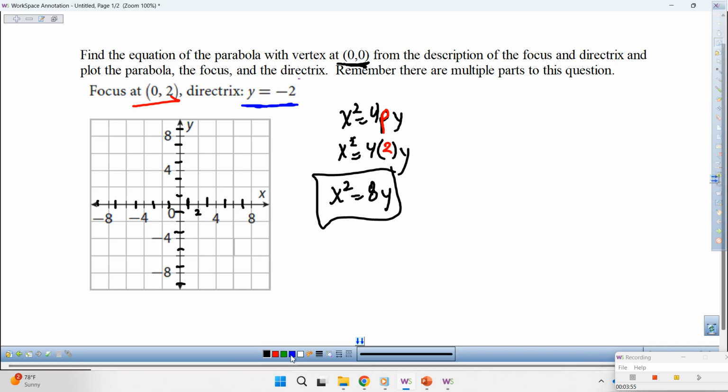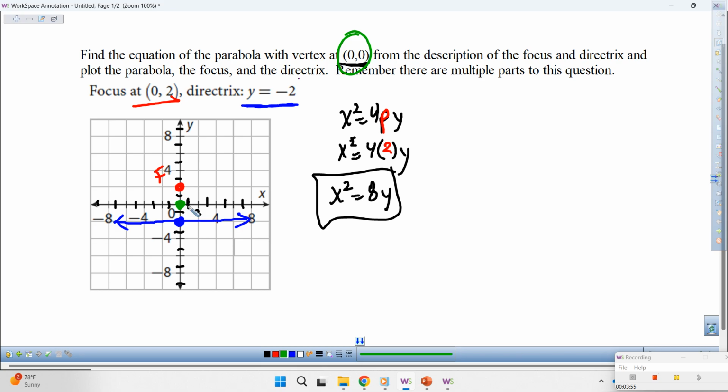All right, let's graph this. (0, 2). (0, 2) is right here. That's my focus. My directrix is at y equals negative 2. 1, 2. And then it's going through what? Point of origin, which is (0, 0). So here's (0, 0).